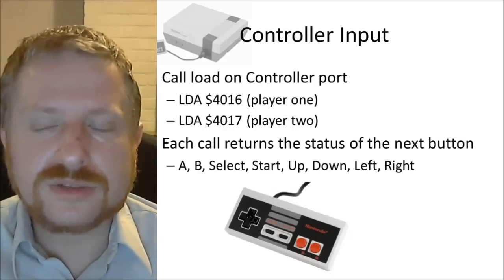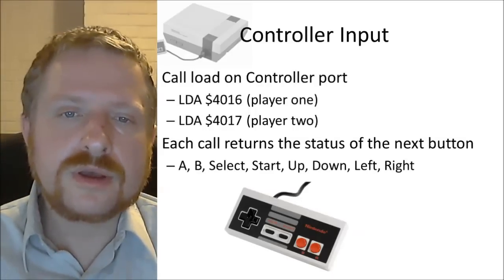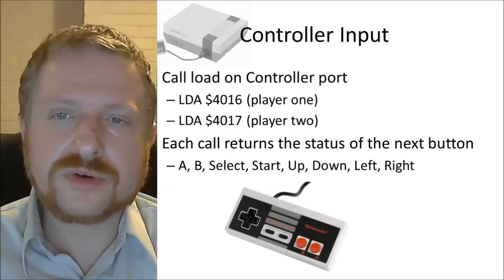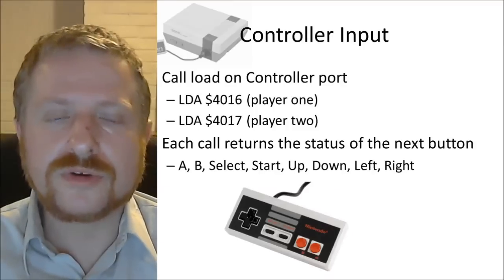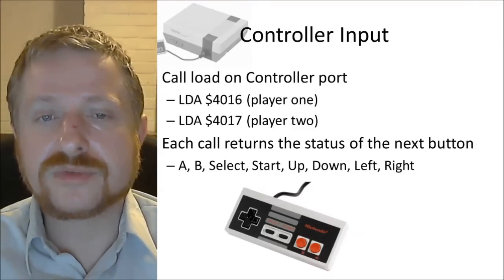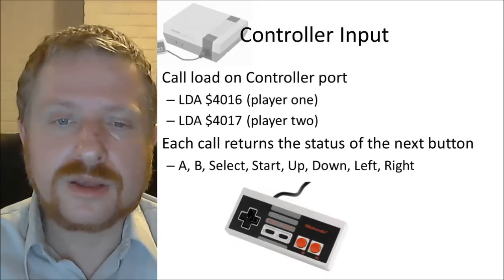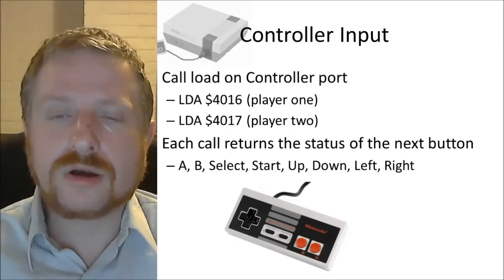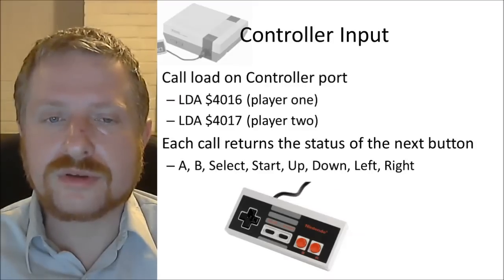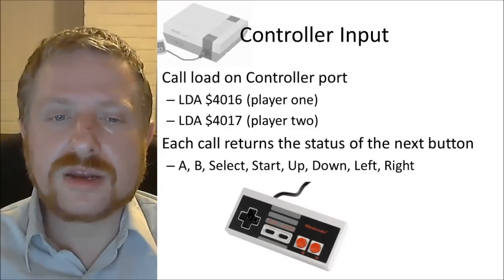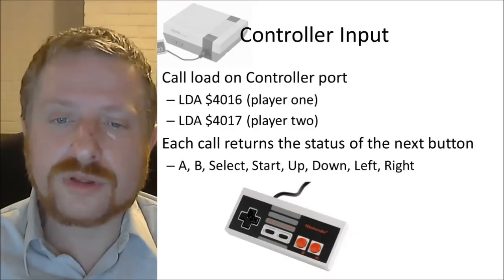Controller input, actually, is fairly simple. Every time you want to read from the controller, basically you do a load from either memory address 4016 or 4017, for player 1 or player 2. So every time you call a load from one of those address ports, it will give you the status of one of the buttons on the controller.